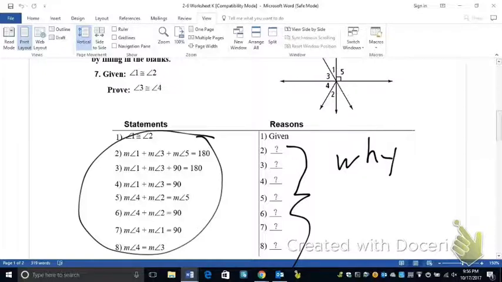So I tell a lot of my kids, proofs are hands down the hardest thing we're going to do in geometry, but it is also probably the most important thing we're going to do in geometry. Because if you can learn that level of deductive reasoning necessary to work through a proof, then everything else gets so much easier. And not just in geometry, but across the board.